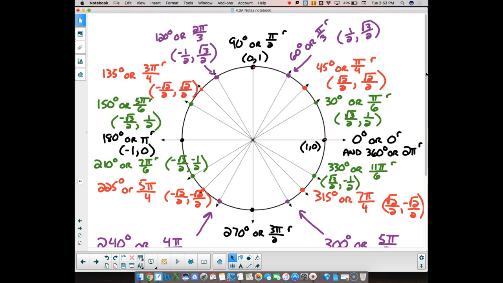Technically, 2. Because everything else is a flip and a flop and a flip, right? The only 2 points that you technically have to memorize are 30 and 45.